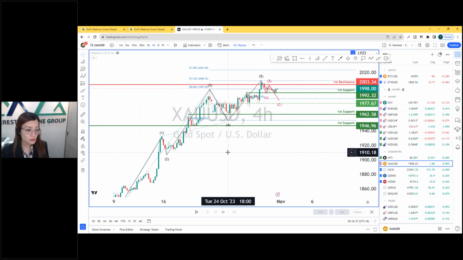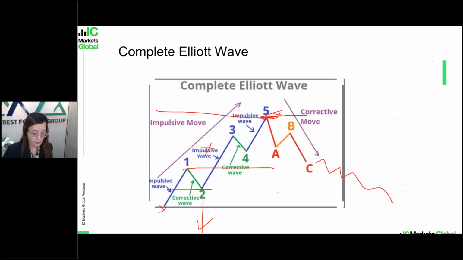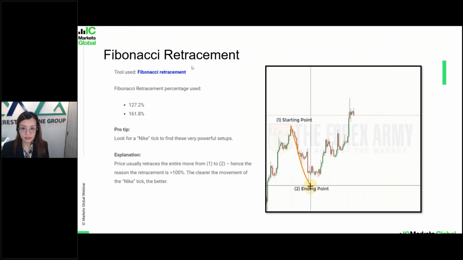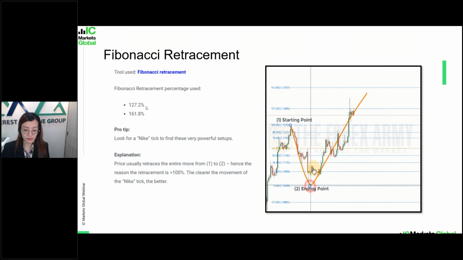Or if you only trade by using Fibonacci retracement, which I could show you here, like what you can see here, Fibonacci retracement, right? And then you can use Fibonacci extension for your TP.